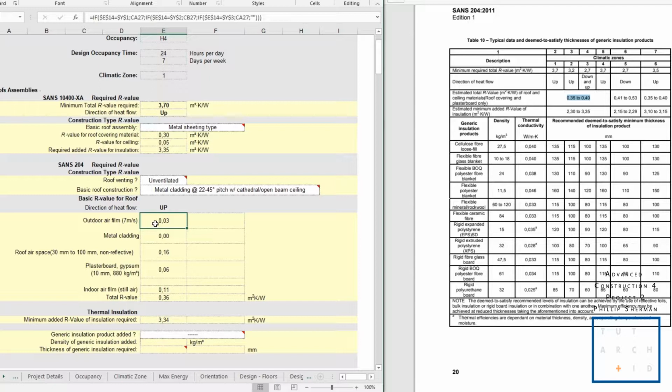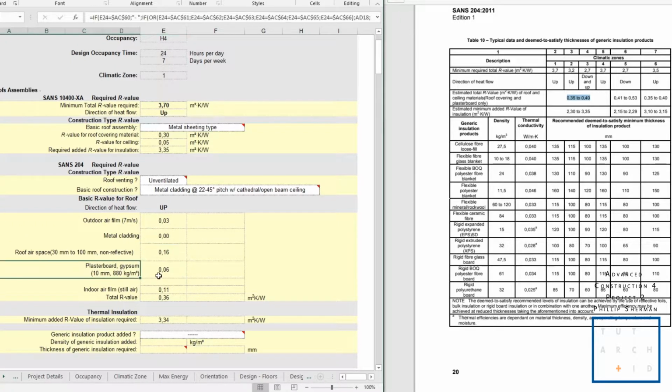That actually has a resistance of 0.03. Metal cladding has no resistance at all. It's a good conductor of heat and the absence of heat, so it has a resistance of 0. There's a roof airspace. If you have 50 millimeters to 100 millimeters, non-reflective, you have a resistance of 0.16.